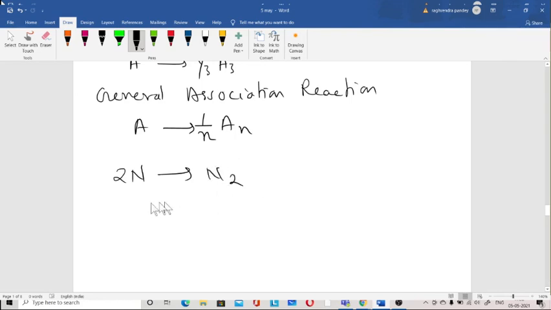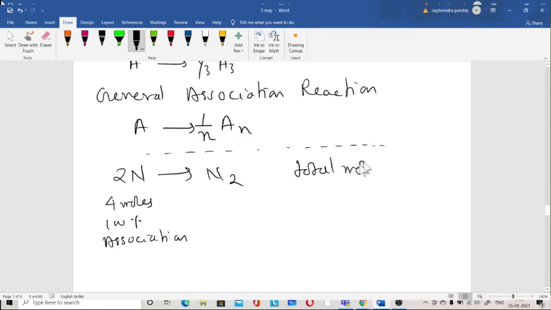Suppose we are taking 4 moles and 100% association. So total moles in the mixture will be how many?